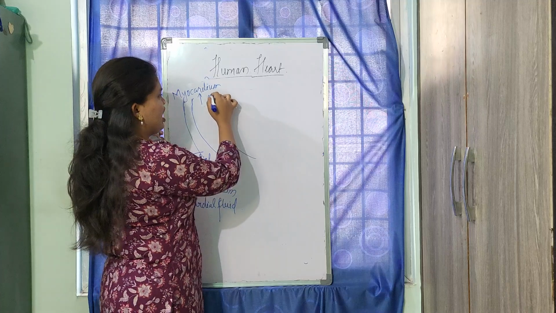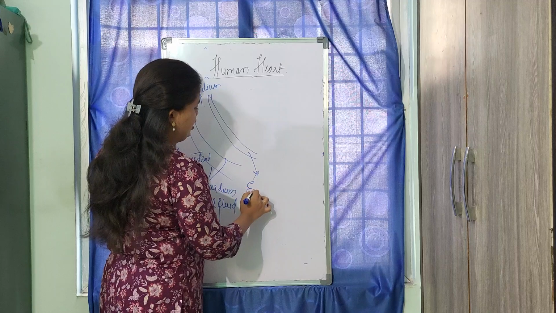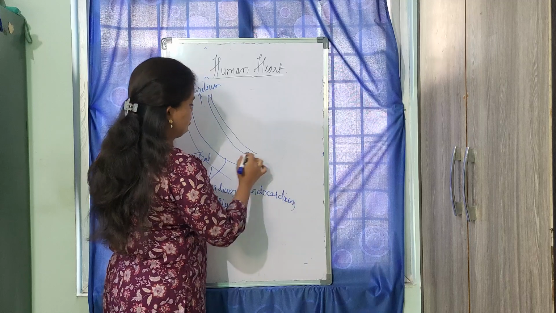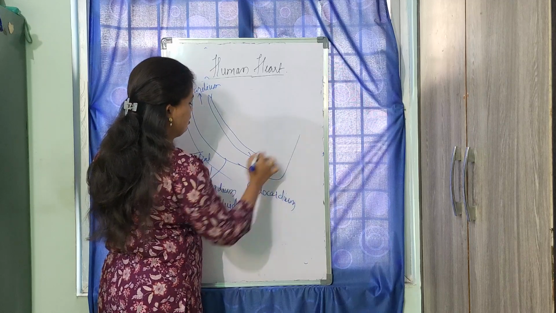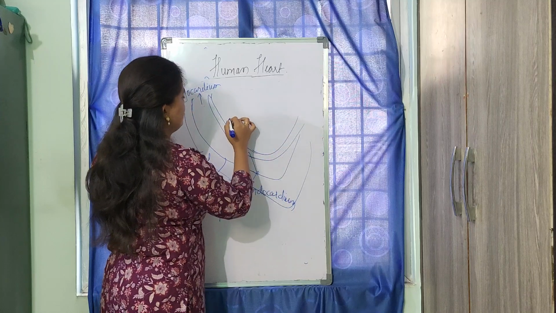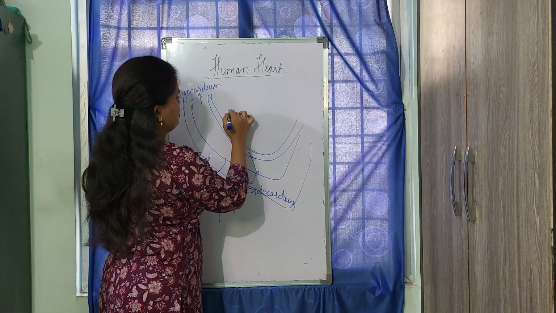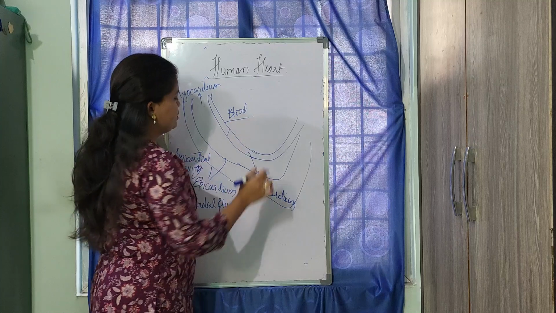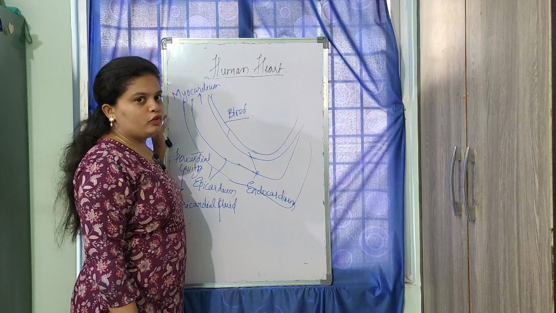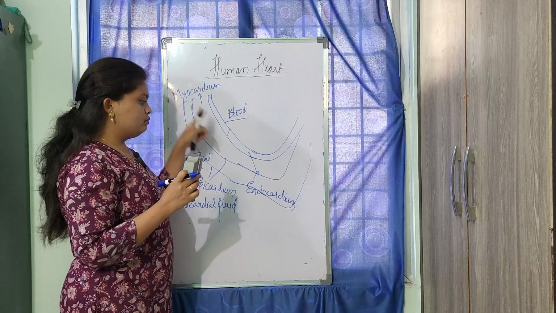And the last one is the endocardium. This is where the blood is. I hope this diagram gives you a brief idea of how the heart walls actually look: epicardium, myocardium, endocardium.